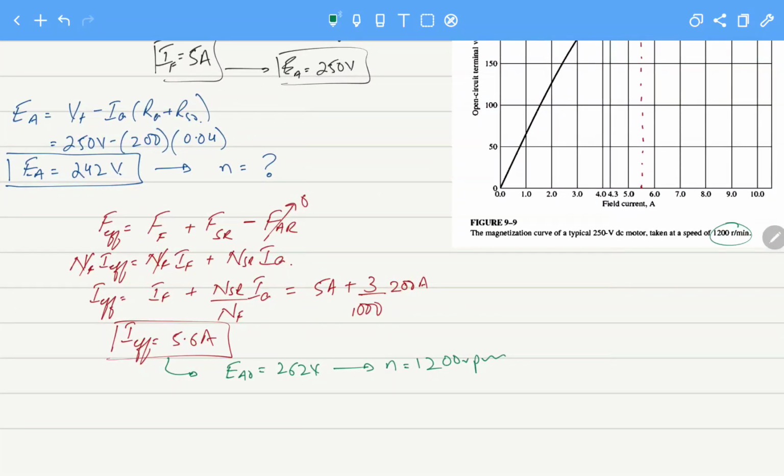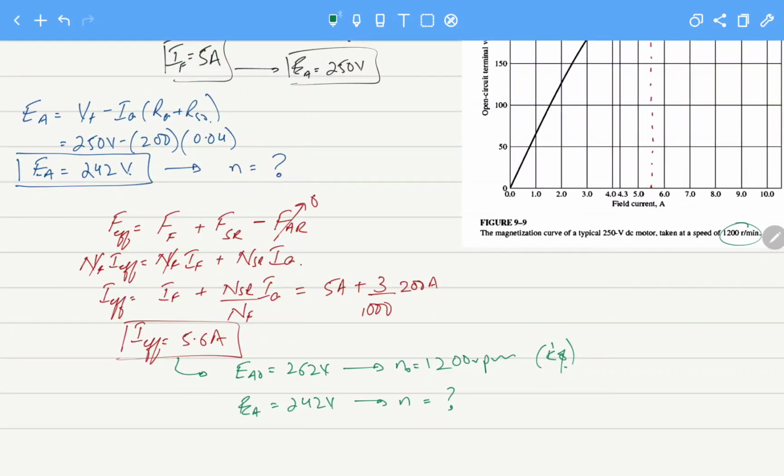Now for the same effective flux and the machine constant, EA, the internally generated voltage, is 242 volts. So what will be the new N?